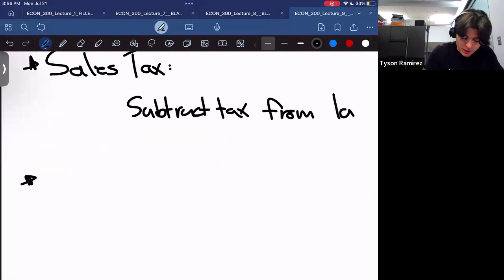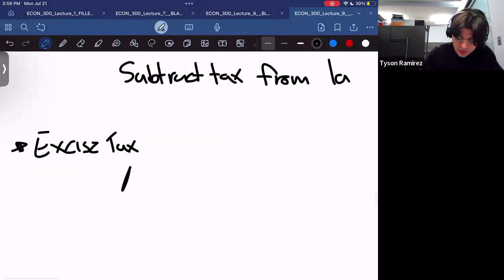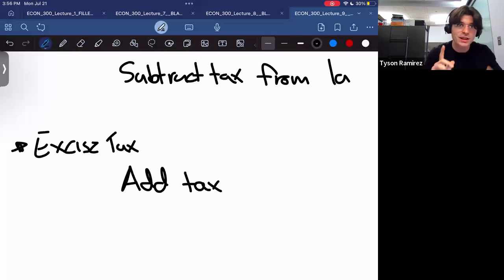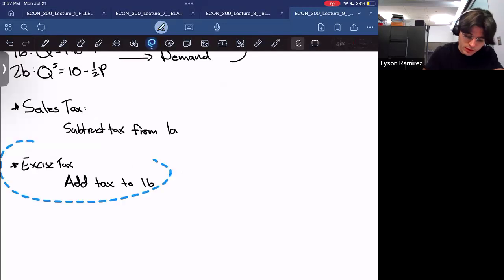With an excise tax, you would add the tax to 1B. Remember, 1A is the demand function, the inverse demand function, and then 1B is the inverse supply function. Keep those things right there.